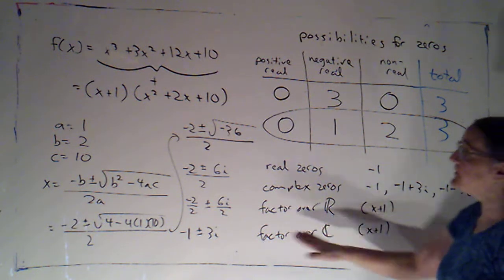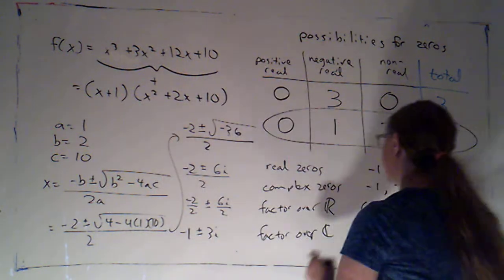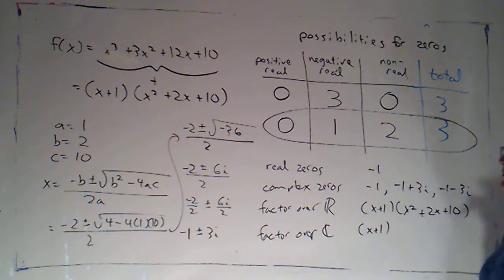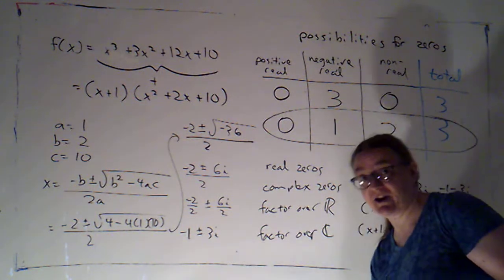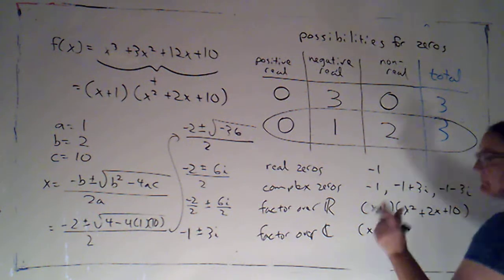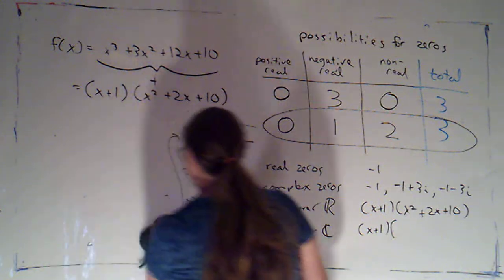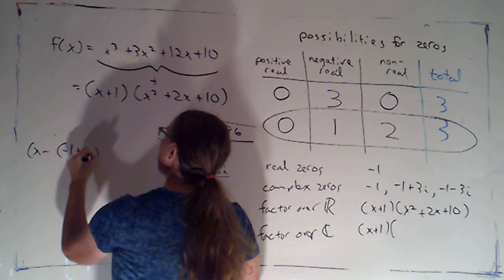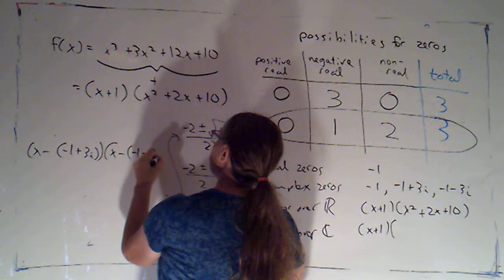Factoring over the reals, we were actually done at this step, because over the reals, that's an irreducible quadratic. But factoring over the complex numbers, for each of these new complex zeros, I've got a corresponding factor. So we'll have x minus (negative 1 plus 3i), and we'll have x minus (negative 1 minus 3i).